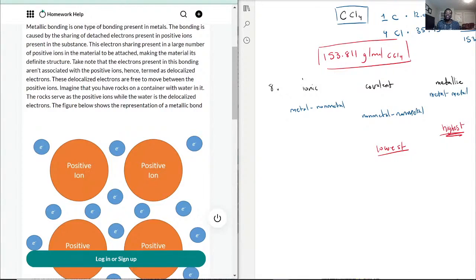Because as they mentioned here, they're not really involved in forming quote-unquote bonds. They just float around in that vicinity, creating this ion-electron-ion type of exchange in this sheet. Okay, so this right here is metallic bonding, and that is how you break it down.